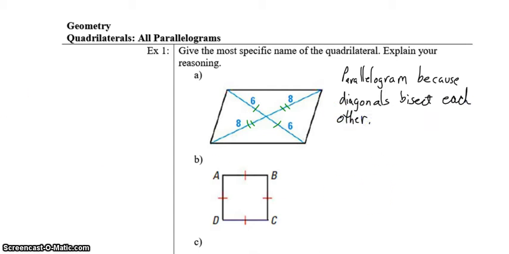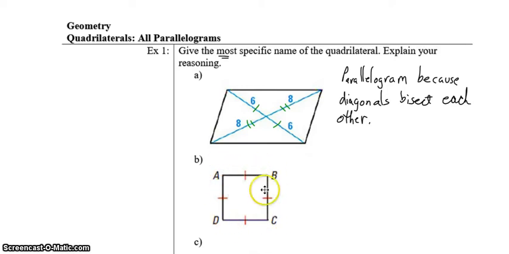So in B, okay, all four sides are congruent. So we know it's a rhombus. Yes, that's also a parallelogram, but we could jump to the most specific. That's a rhombus. Do we know if this is also a rectangle? Those sure look like they're right angles, but we don't know that.